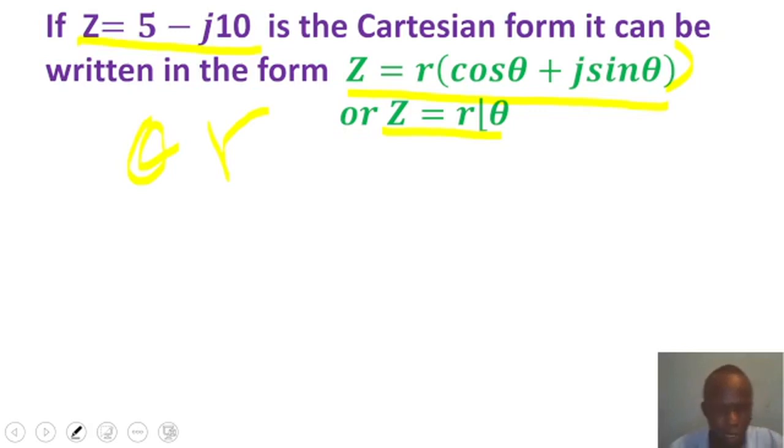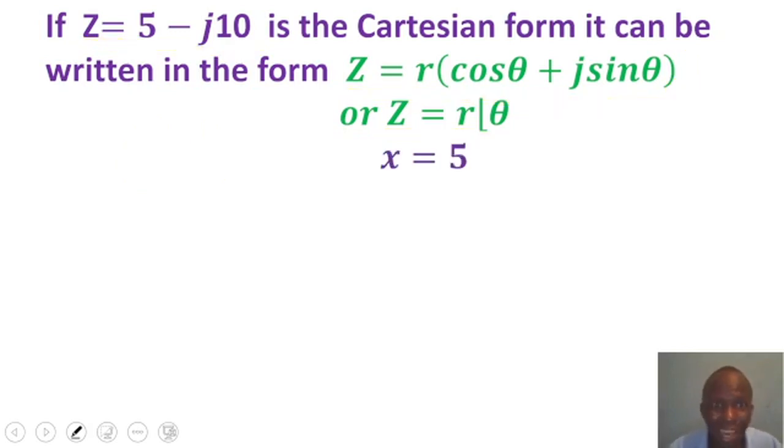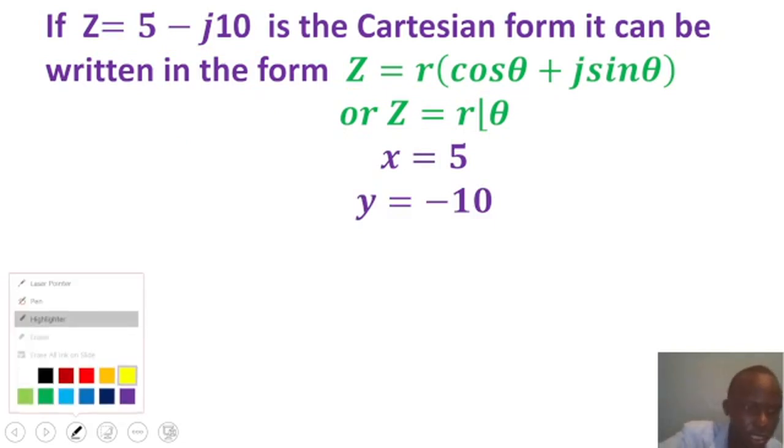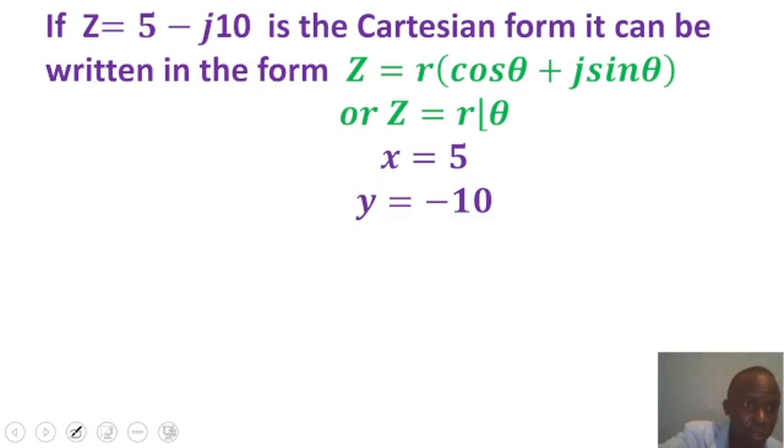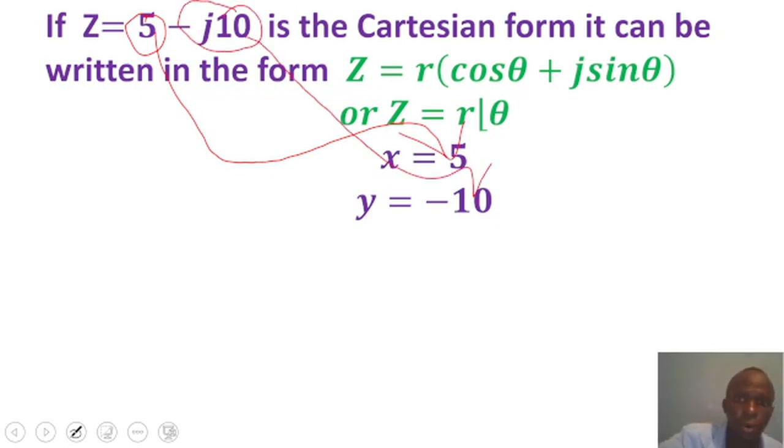So what is our x? Our x is equal to 5. And what is our y? Y is equal to negative 10. So let me use a pen here. This is our x, and that is our y. We are saying negative 10 because we are taking the coefficient of j.